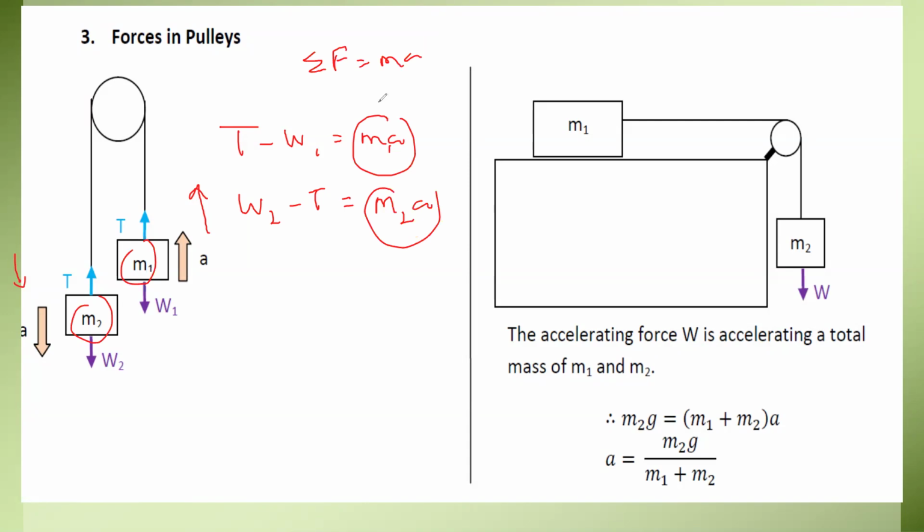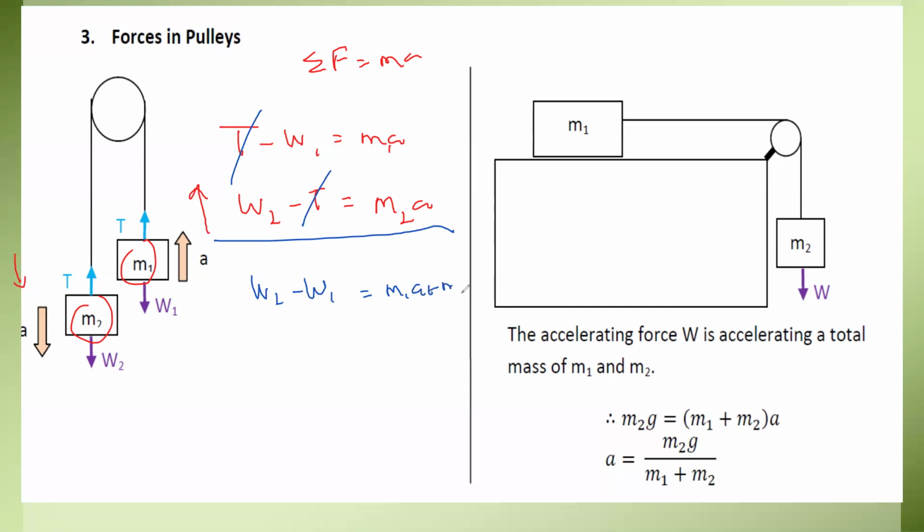If I want to write the combined equation for acceleration, I can add them. If I add the two equations, this T will cancel with this T. So I can say W2 minus W1 is equal to M1A plus M2A.